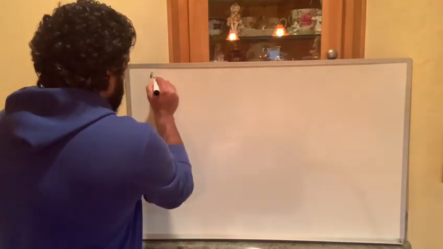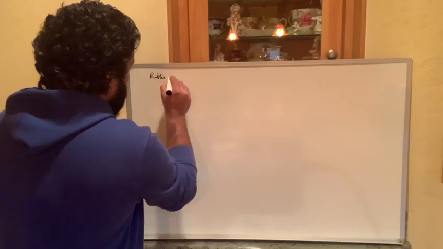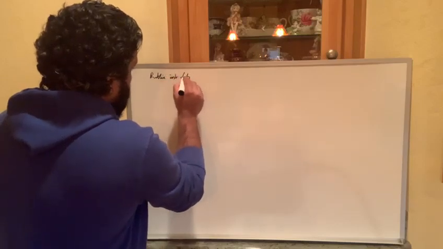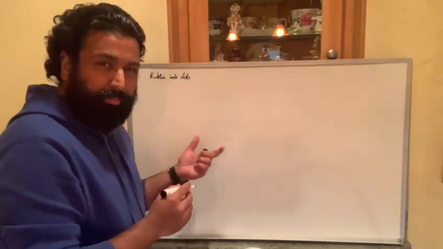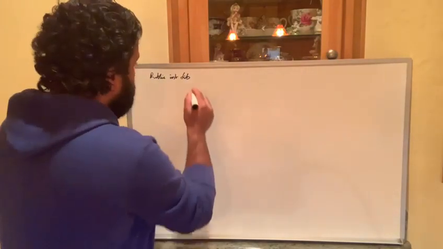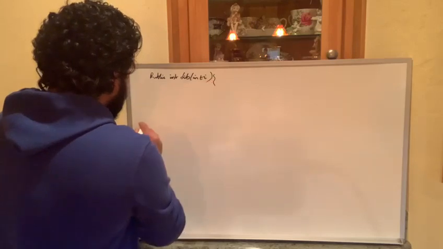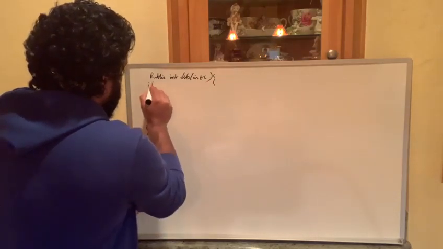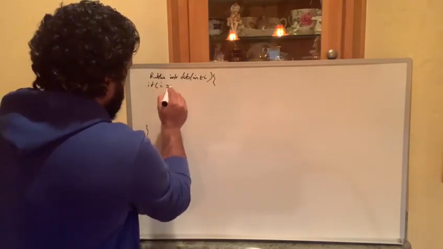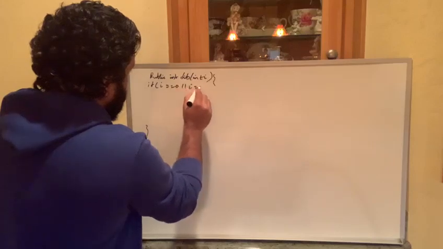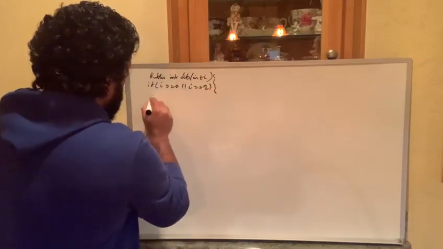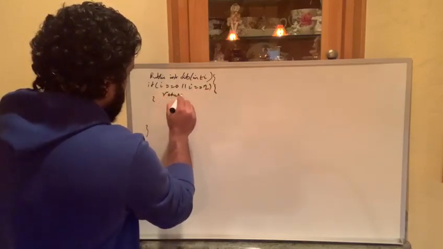Let's say we have public int. I'm going to call the function name as fib for simplicity, and it takes int i. If i is equal to 0 or i is equal to 1, we're going to return i.